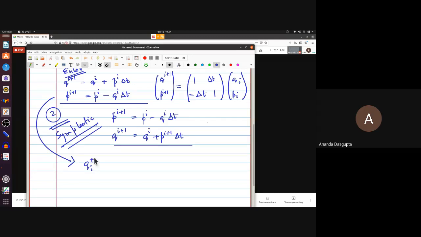The conserved quantity Qi plus 1, if we were to square it, and of course Qi plus 1 squared is not the conserved quantity, but in theory this should be a conserved quantity, right? But if we were to square both sides and add, can you see what's going to come out?